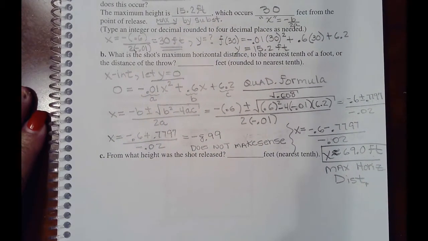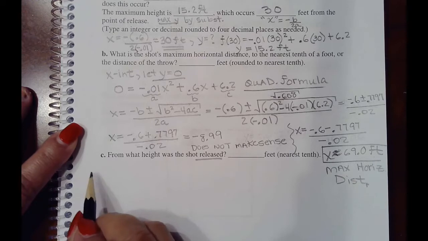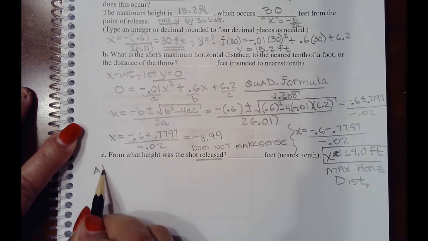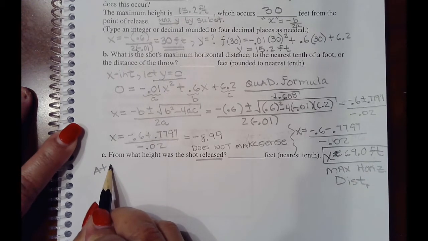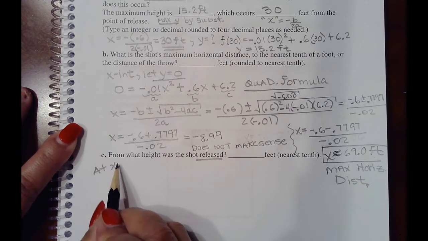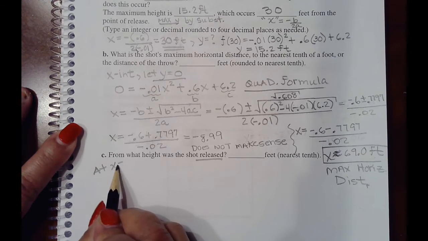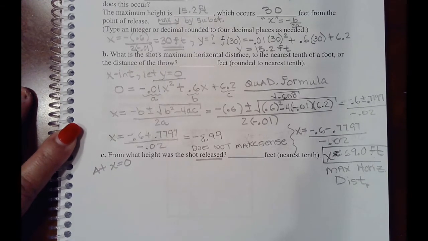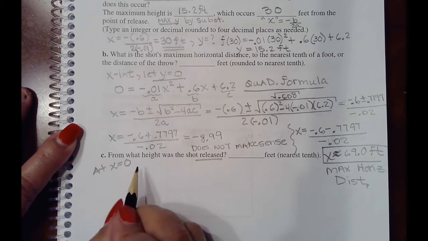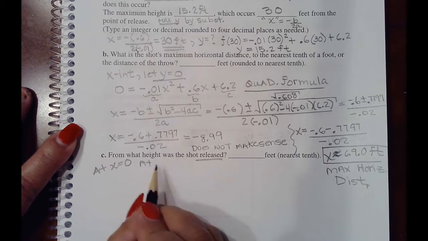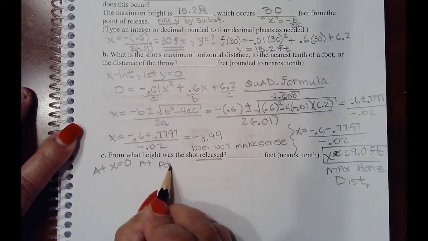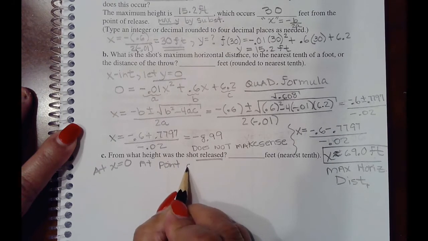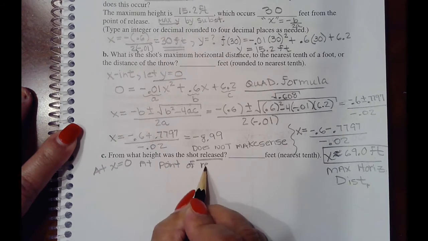Okay, part C. From what height was the shot released? Well, right at the moment when it's about to be released from the person's hand, the horizontal distance that it has traveled is 0 feet. So this is at the point of release.